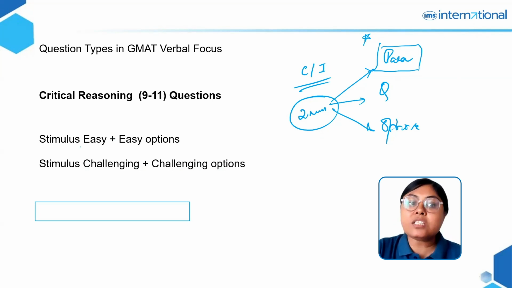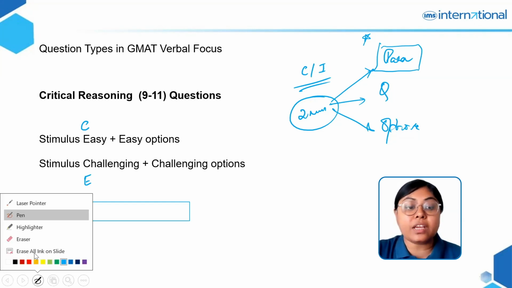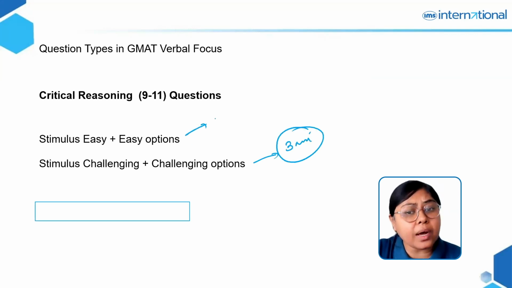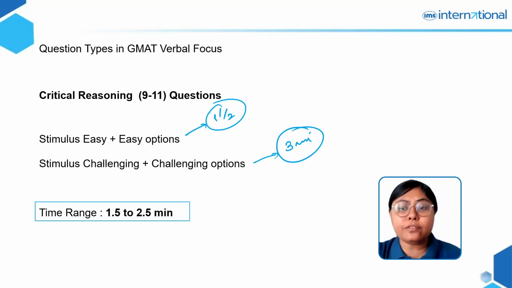I can have a challenging stimulus with easy options, or an easy stimulus with challenging options. Irrespective of that, a very difficult CR can take you 3 minutes, whereas a very easy one can be in the range of 1.5. So this is the range we are looking at, and yes, 1.5 to 2.5 minutes is the average time that would be needed.